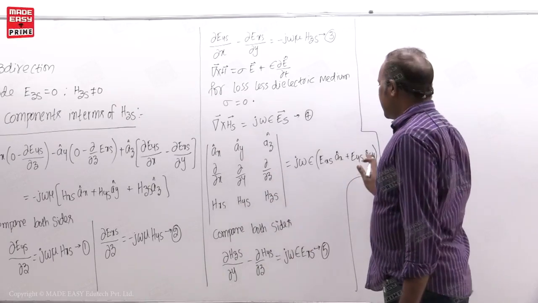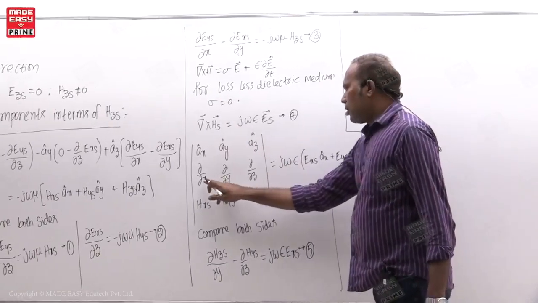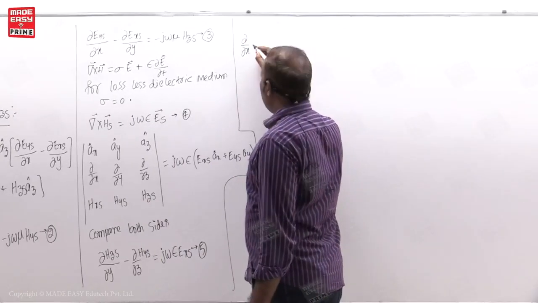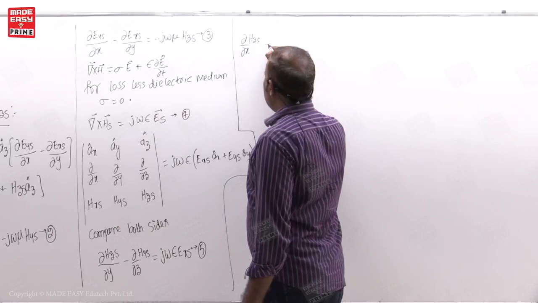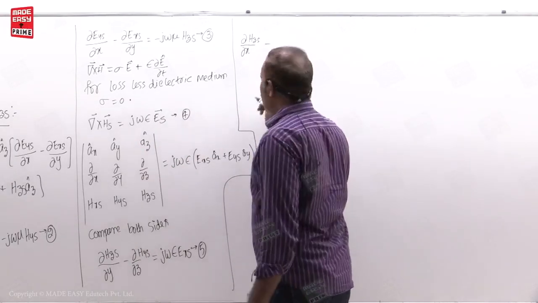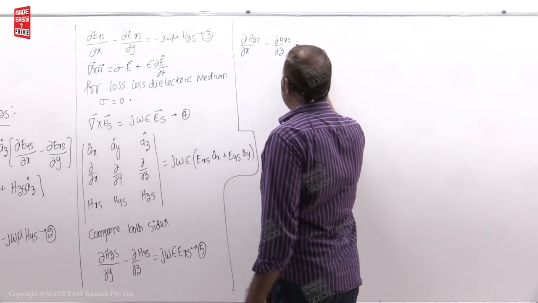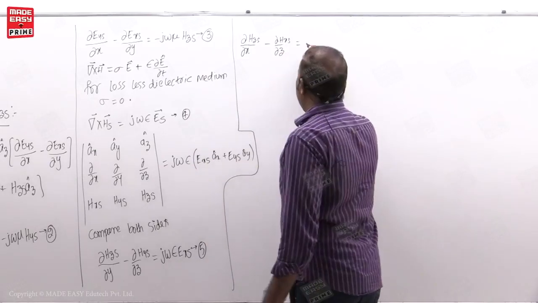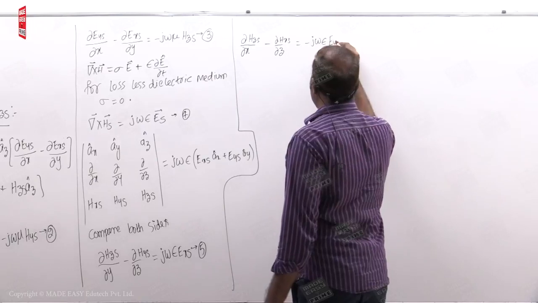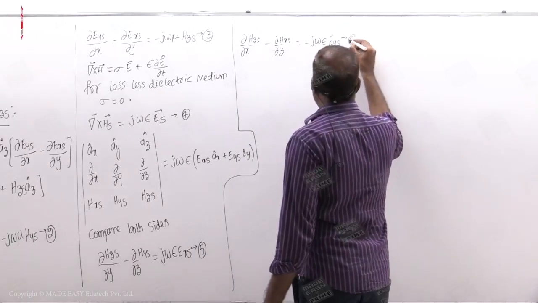So ∂/∂x of Hzs minus ∂/∂z of Hxs is equal to minus jωε Eys. So this is equation number 6.